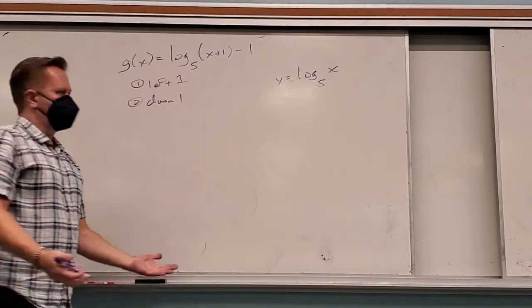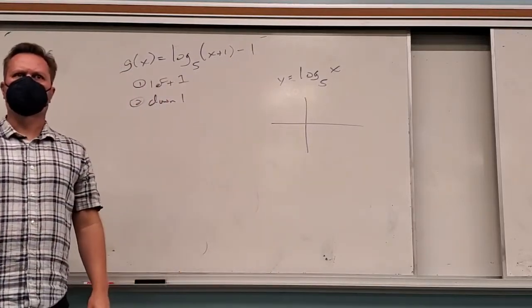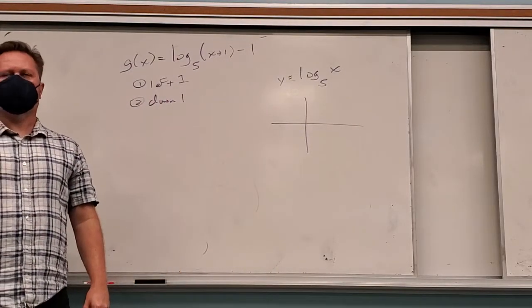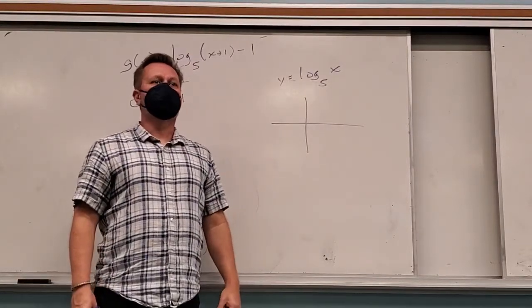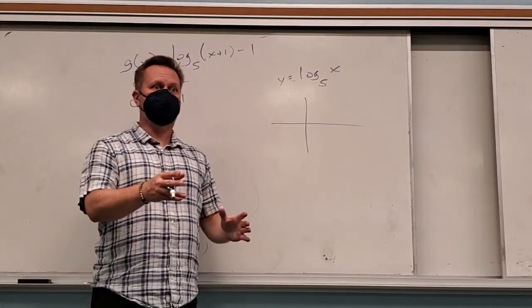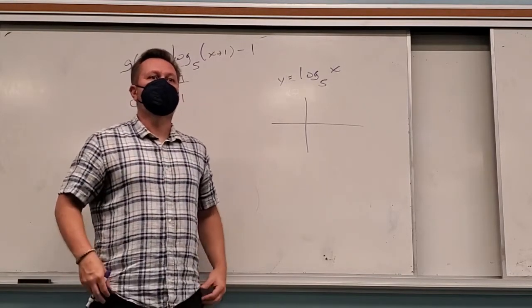And we know what this looks like. Where's there an asymptote? Which axis is the asymptote? Y. Y-axis, okay.